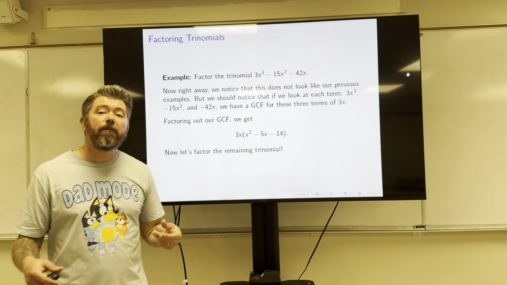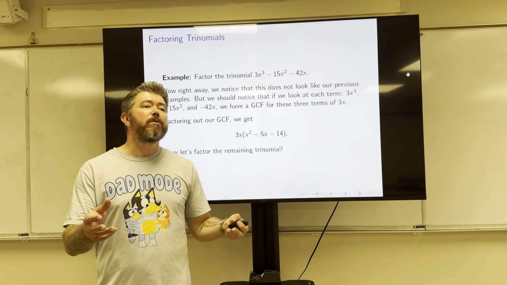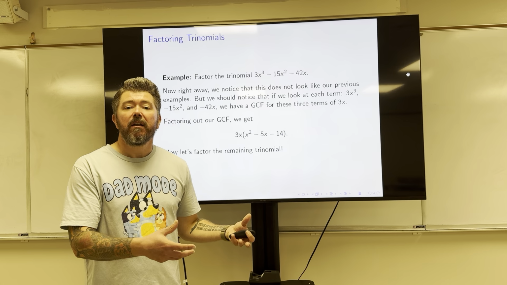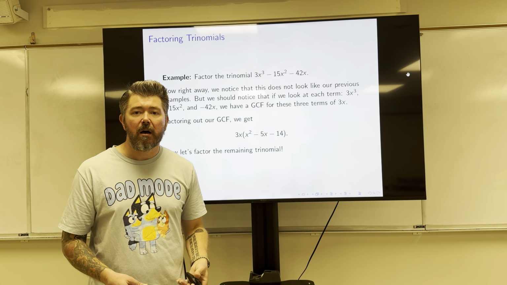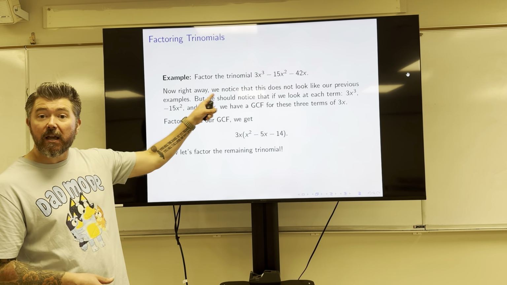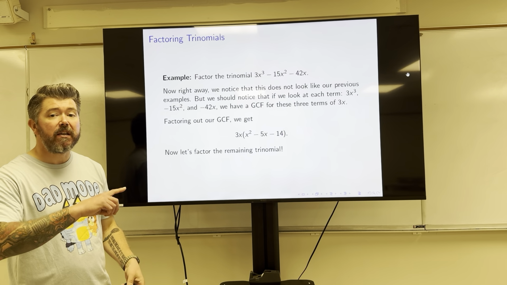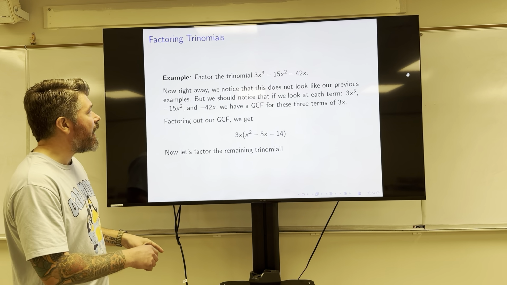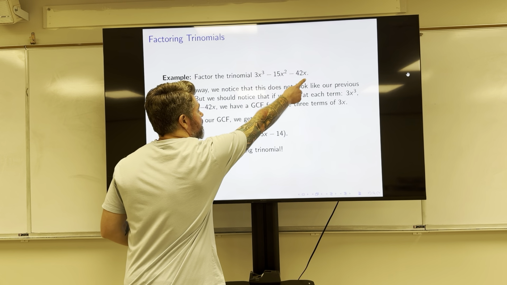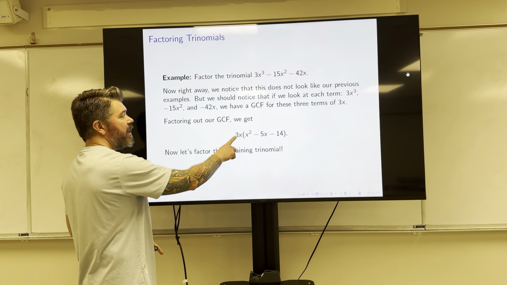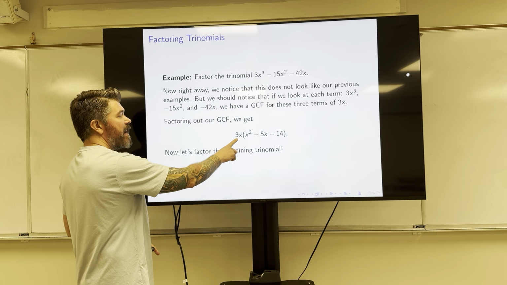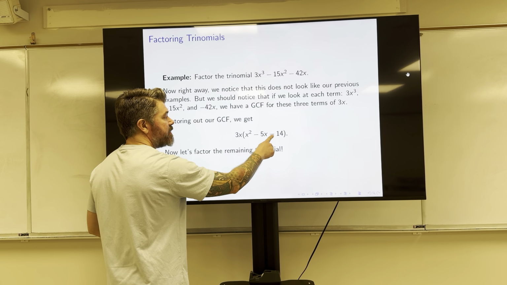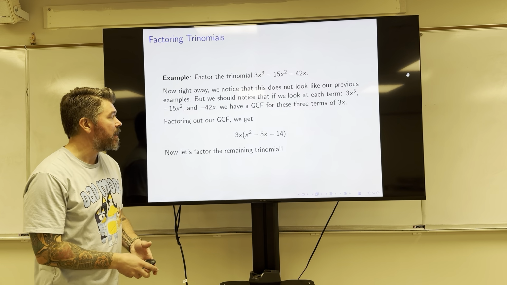So whenever we're factoring, we always want to default to our beginning stages. Can we factor out a greatest common factor? And in this case, yes, we can. The previous cases we couldn't, but this case, they have a greatest common factor. So what's my greatest common factor? It's 3x. So if I divide, my leftover is going to be x squared minus 5x minus 14.